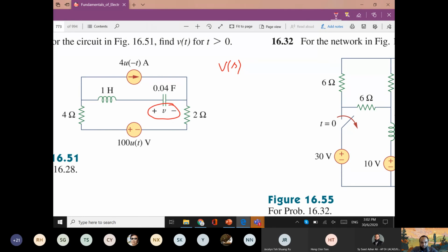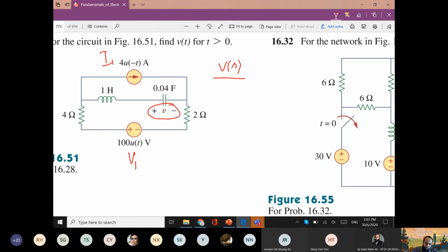We cannot, at least at this time, find a transfer function with two sources unless we apply superposition. And I don't want to take you into that trouble right now. For this particular case, we can find V over, let's call it V1, and let's call it I1.